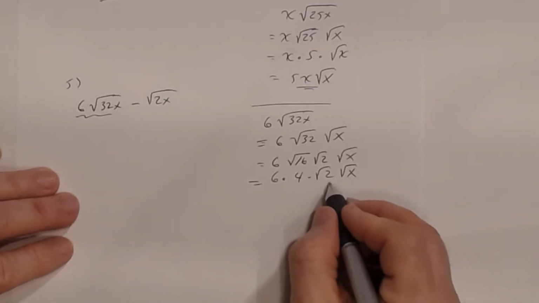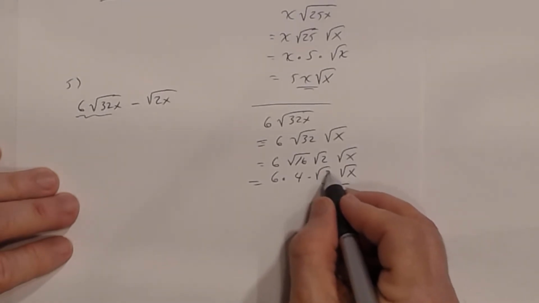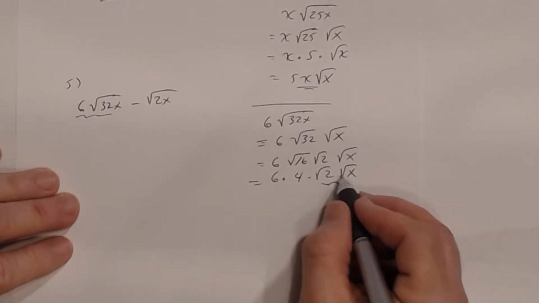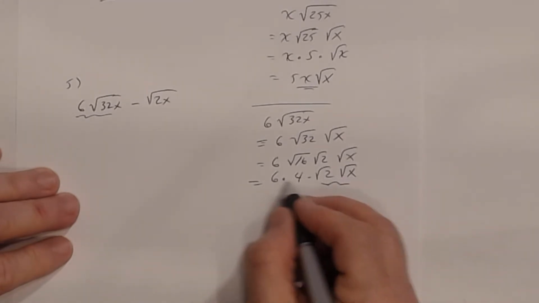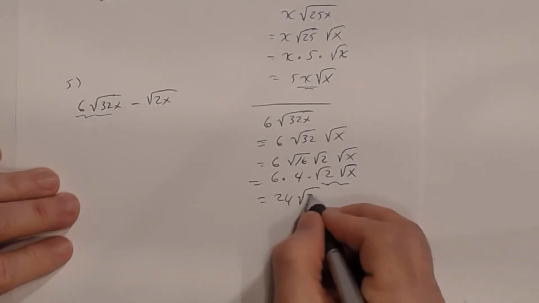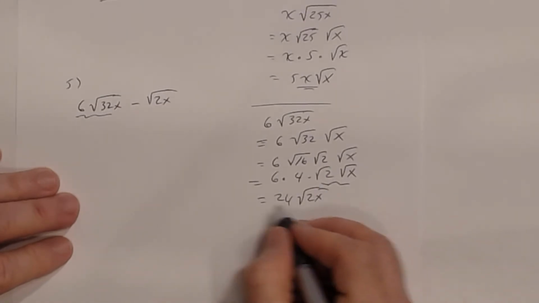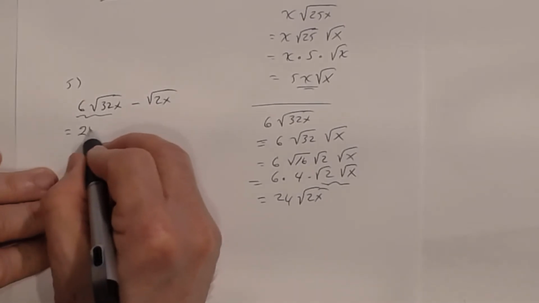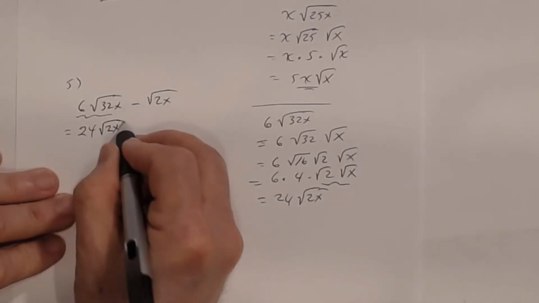But I also know that since the indices are the same, I can write this as 1 square root just by multiplying the radicands together. So 6 times 4 is 24. And then the square root of 2 times the square root of x is the square root of 2x. So that goes here. So 24 square root of 2x.